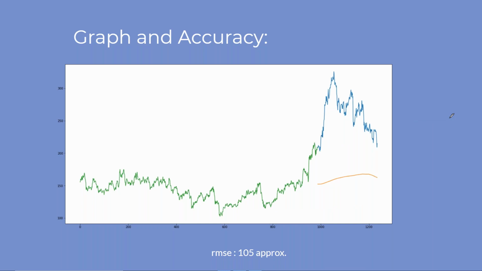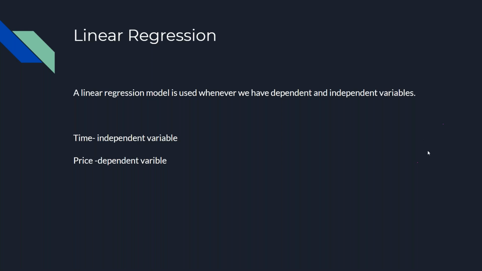Now let's have a look at another simple model, which is a machine learning model, very easy to understand, and that is linear regression. We use linear regression whenever we have some dependent variable and some independent variable.